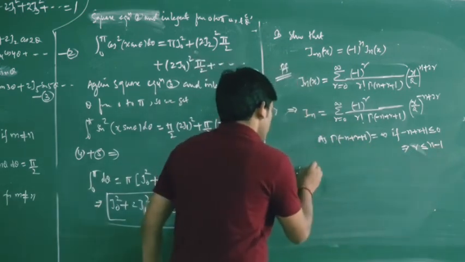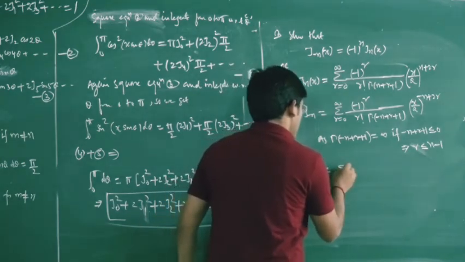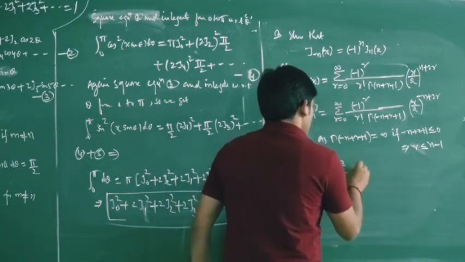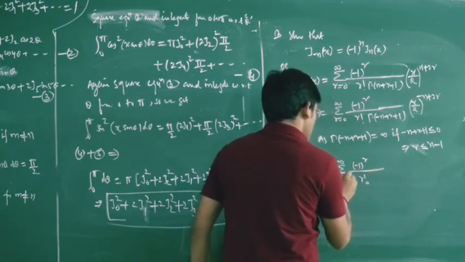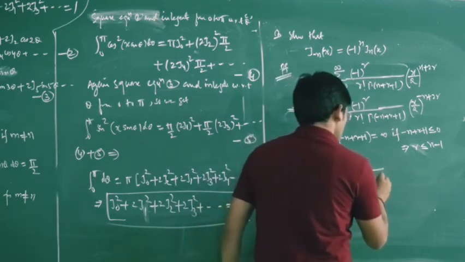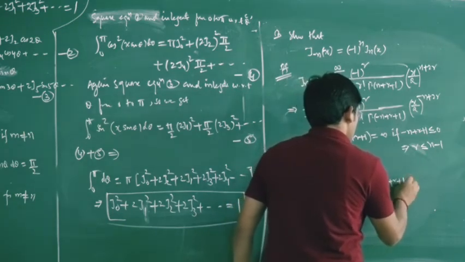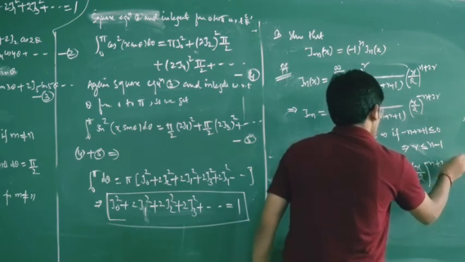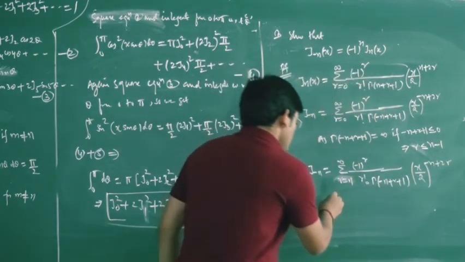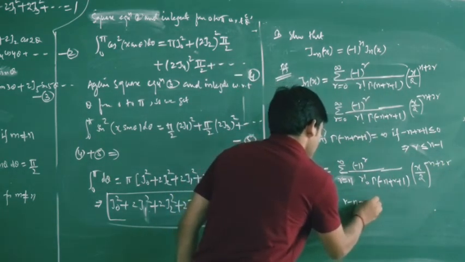Therefore J minus n will be equal to the sum from r equal to n to infinity of minus 1 to power r over factorial r gamma of minus n plus r plus 1, into x by 2 to power minus n plus 2r. So let us assume r minus n equal to s.